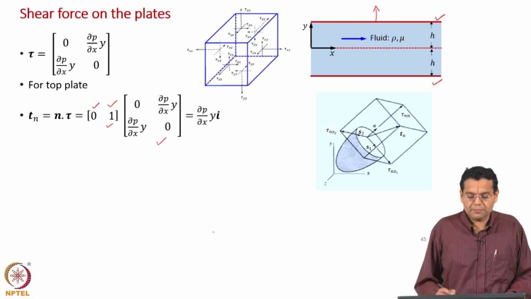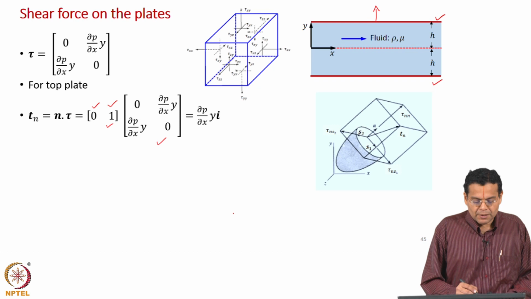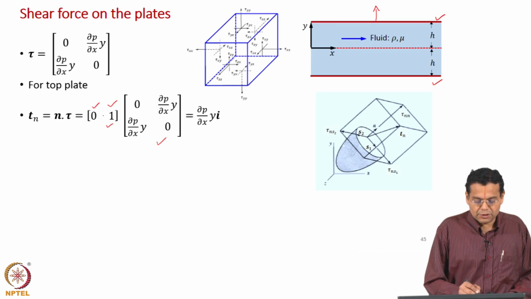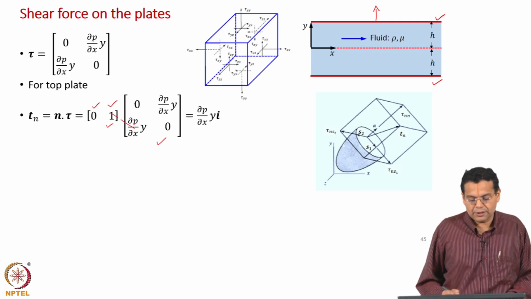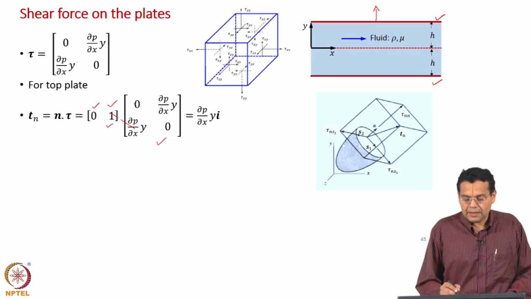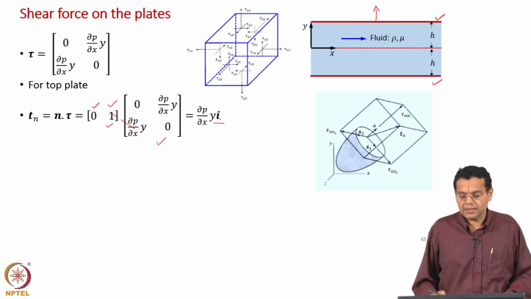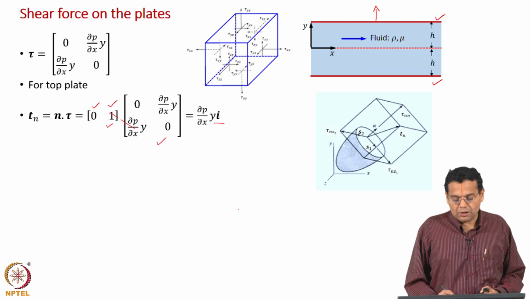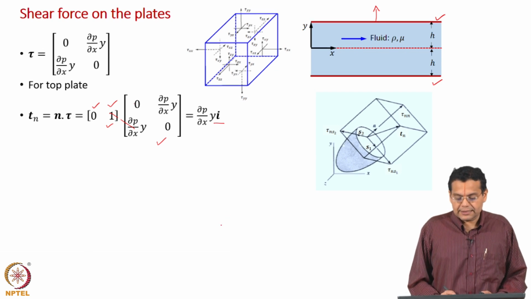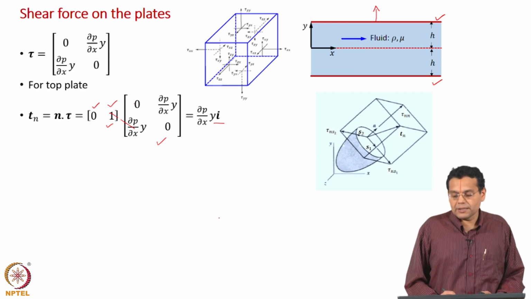So now if you do a simple matrix multiplication, you will have 0 into 0 and then 1 into dou p by dou x y, and then the component is along the x direction. So you get a component along the x direction and there is no component along the y direction.